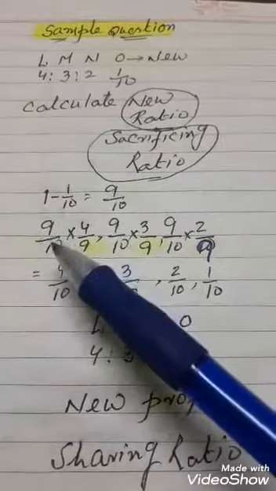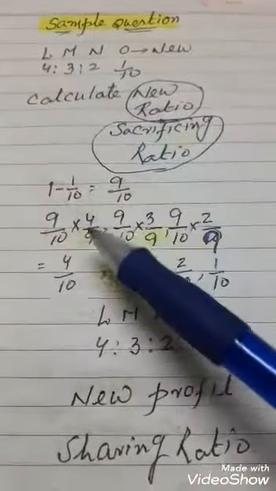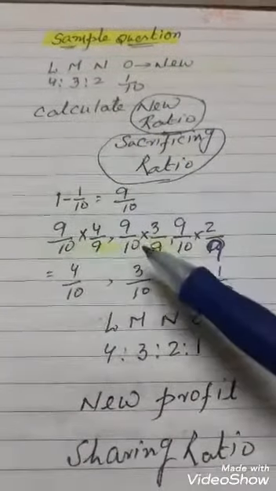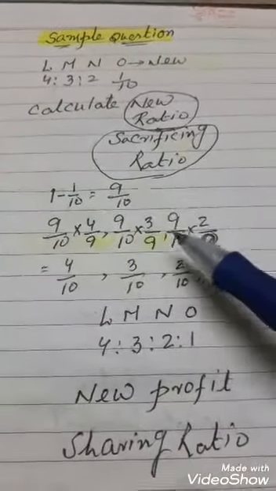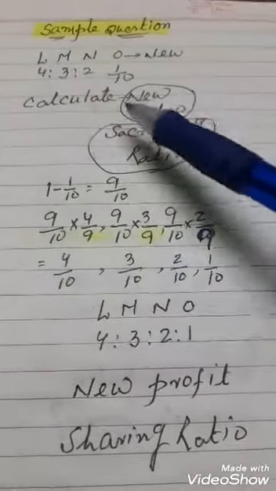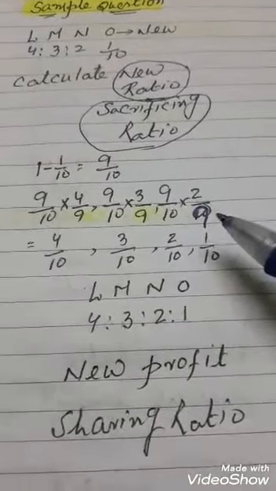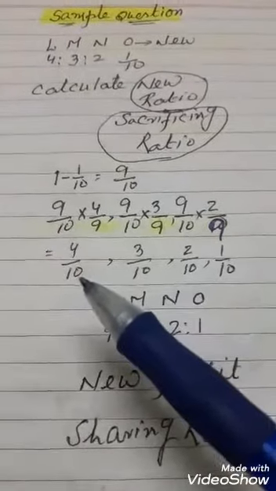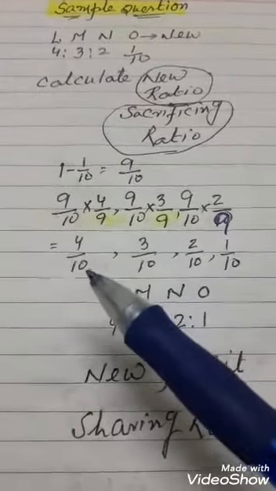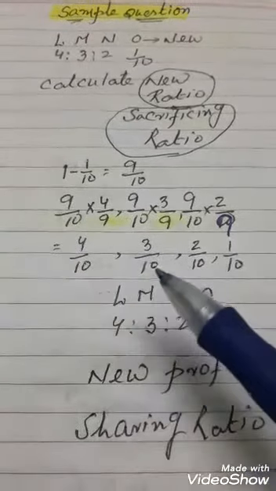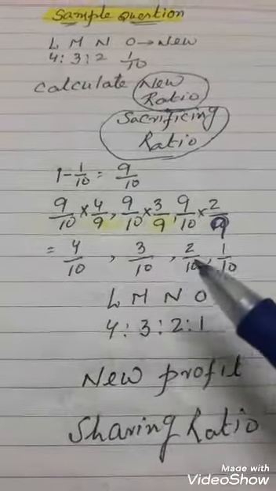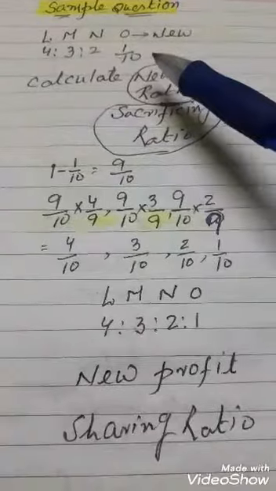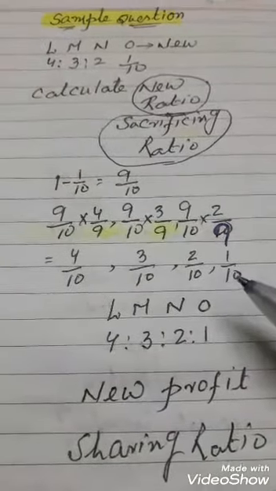9/10 into 4/9, 9/10 into 3/9, 9/10 into 2/9. After solving, the result is 4/10, 3/10, 2/10 and 1/10 of the new partner.